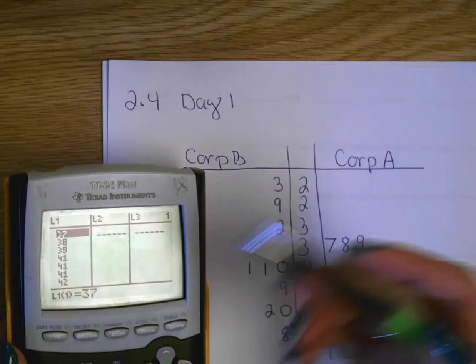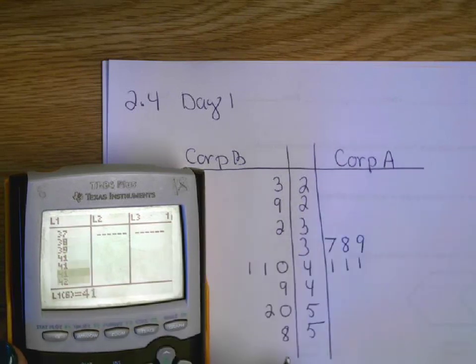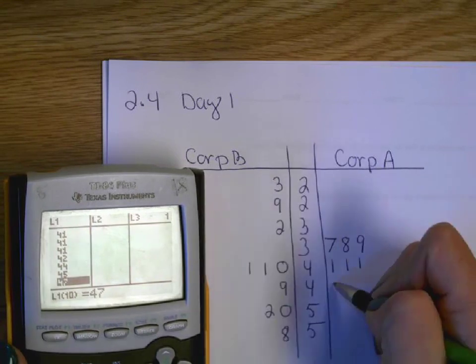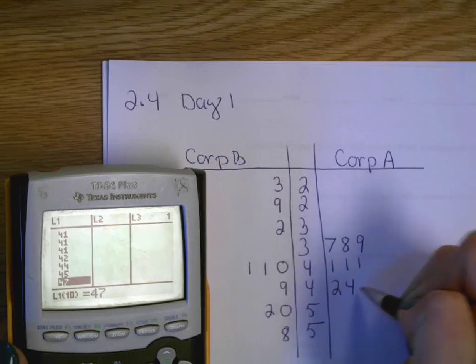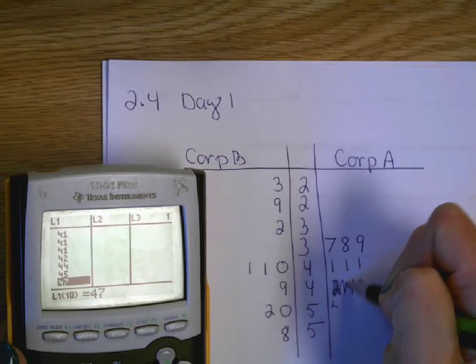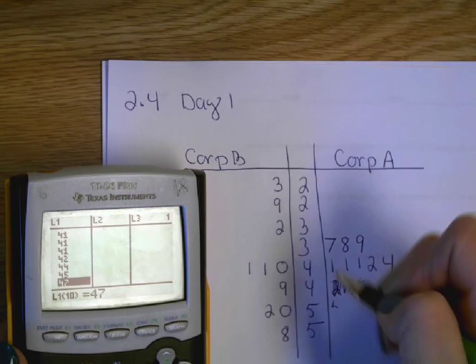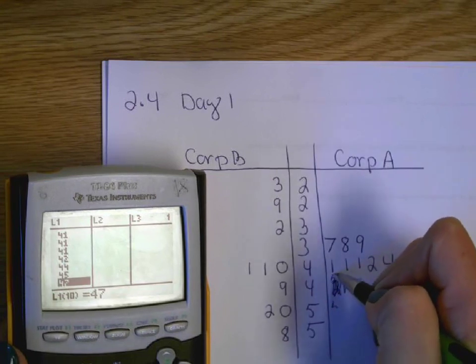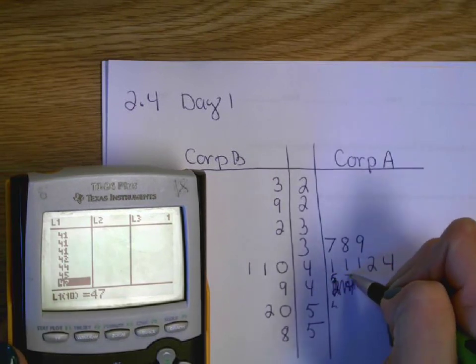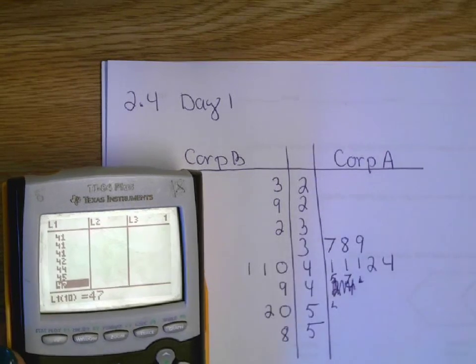Looks like 3 41s. 42, 44, 45, I'm writing in the wrong spot. 42, 44, 45, 47, and that's our last one.